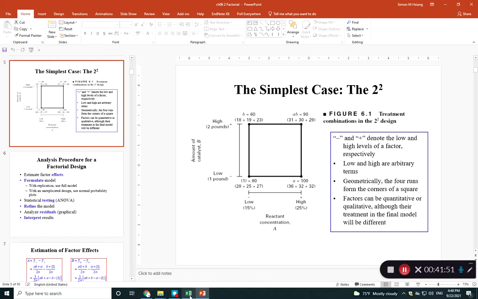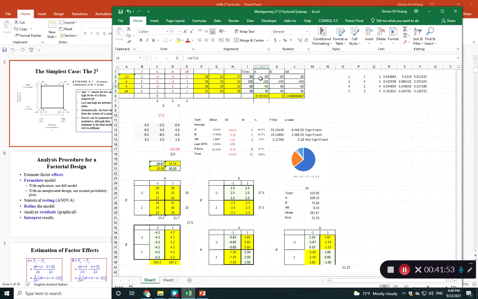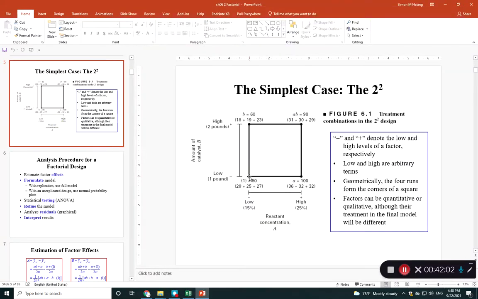So, am I increasing or decreasing? I'm going from 80 to 100, 60 to 90.